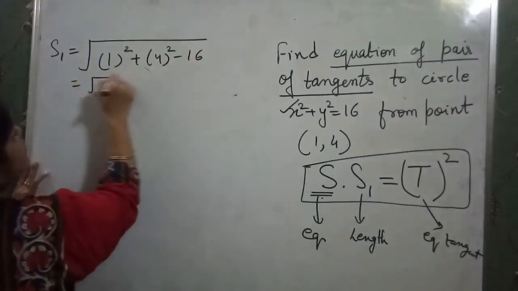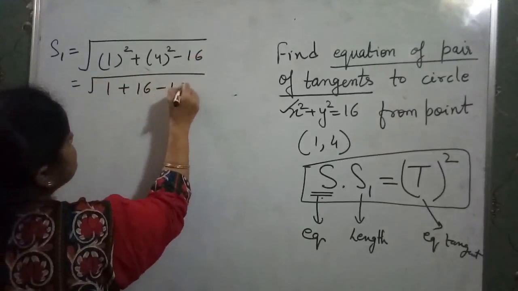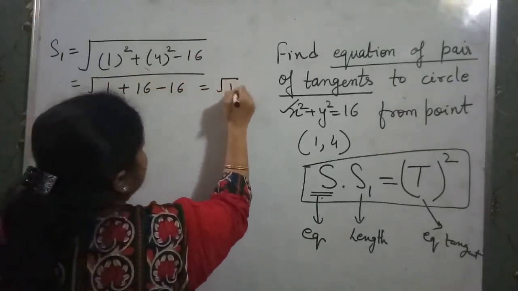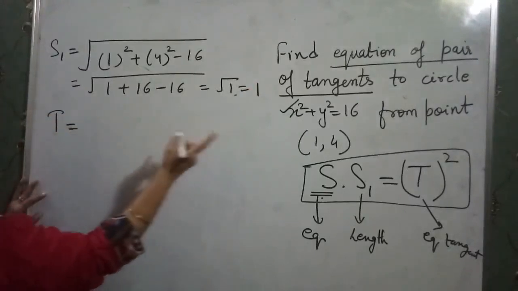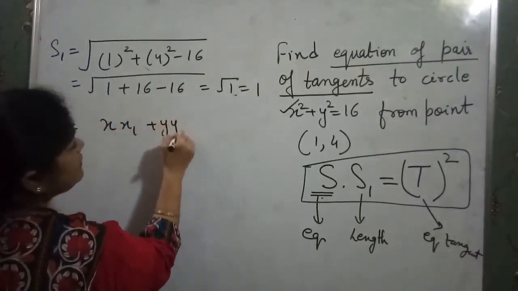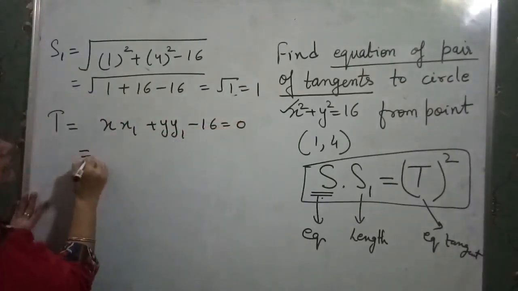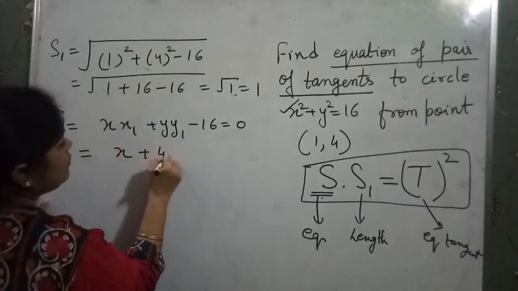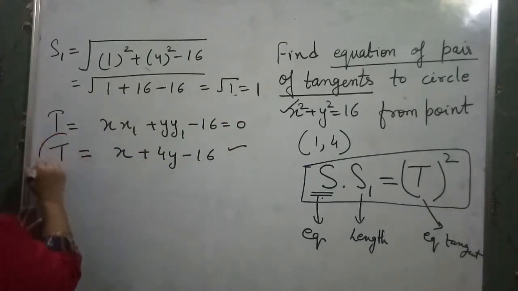So we have the length of tangent: 1 plus 4 fours are 16, minus 16, which is equal to 1. Clear? Now the equation of tangent for this. We have x x1 plus y y1 minus 16 is equal to 0. Put the values. We have x plus 4y minus 16. So this is the equation of tangent.